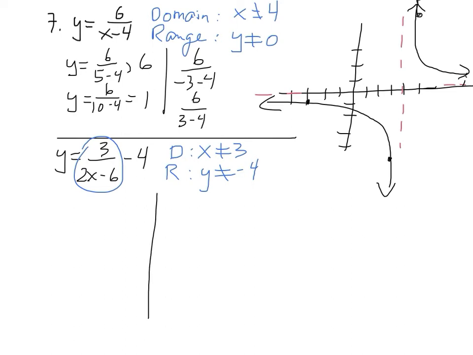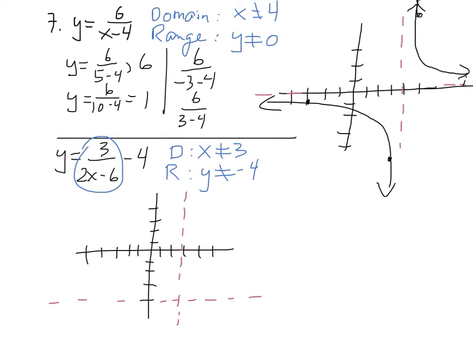Draw it over here. 1, 2, 3, 4, 5. 1, 2, 3. So x cannot be 3. y cannot be negative 4. So there's our asymptotes. I didn't give myself a lot of room here.